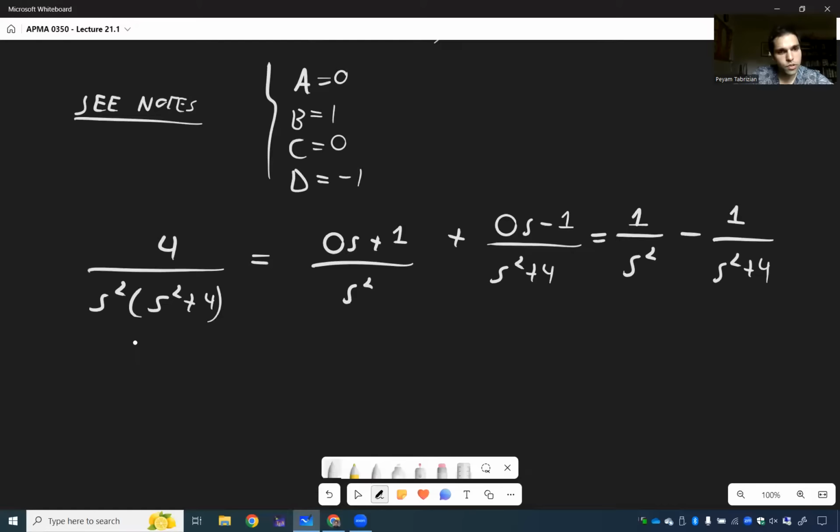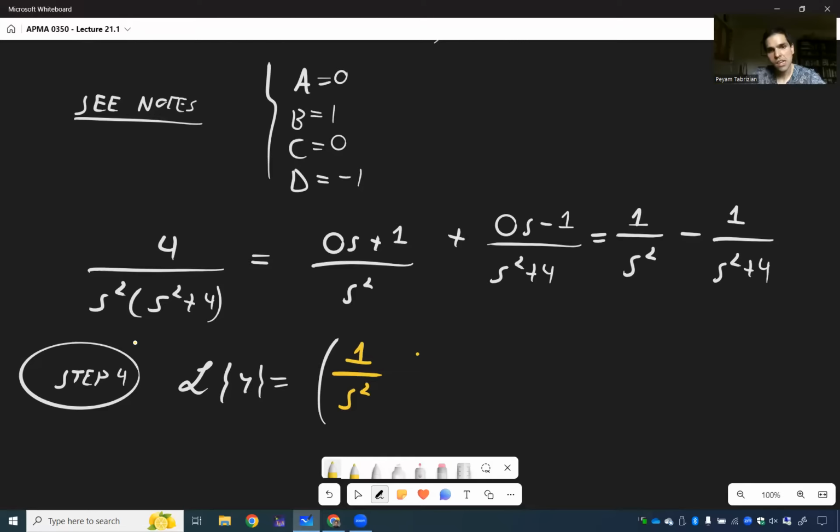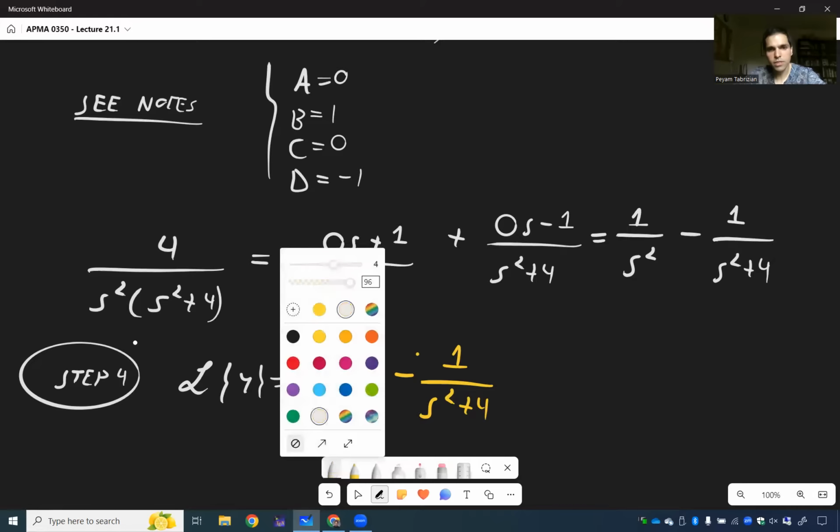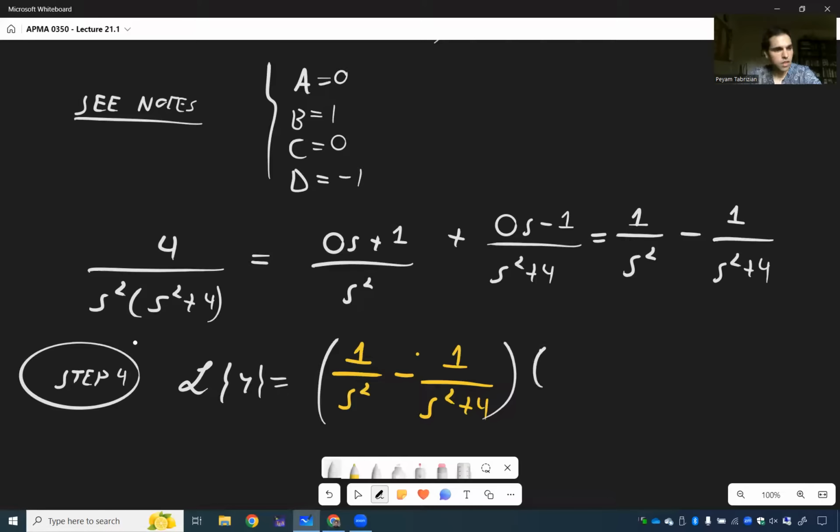So now let's go to step 4. So what did we have? L of y was 4 over s squared times s squared plus 4, which now remember becomes 1 over s squared minus 1 over s squared plus 4 times the exponential term, e to the minus 5s minus e to the minus 10s.